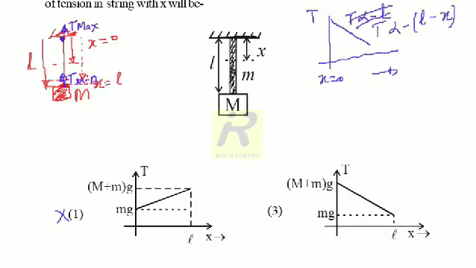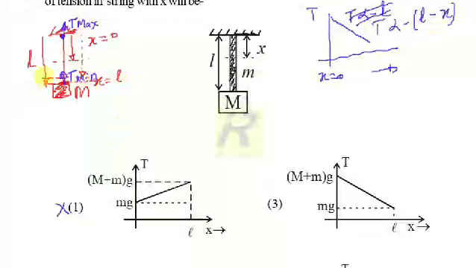One thing you must observe: when you reach this point, just above the mass, the tension is simply equal to the minimum tension, T equals Mg. At this point it is maximum, as I said already.